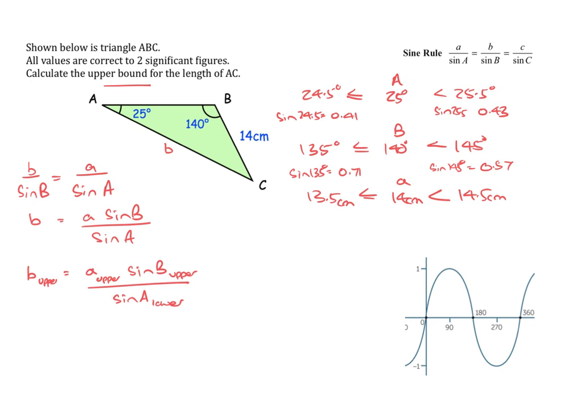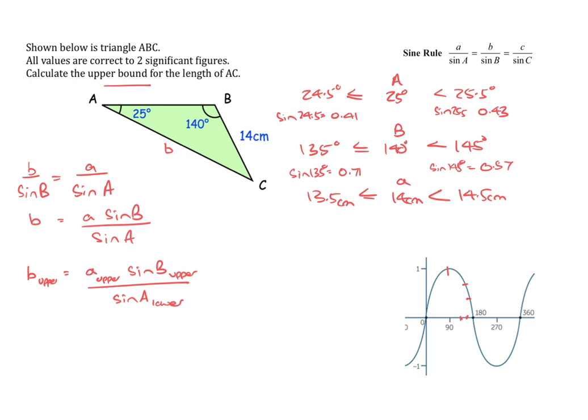We have 145 degrees, it's going to be somewhere about here, and that's going to give me a value there. On the left-hand side of that, my value is higher. So if the angle is more than 90, you've got to be really careful which one you're going to choose to be the higher value, because the larger the angle, between 90 and 180, the smaller the value of sine.